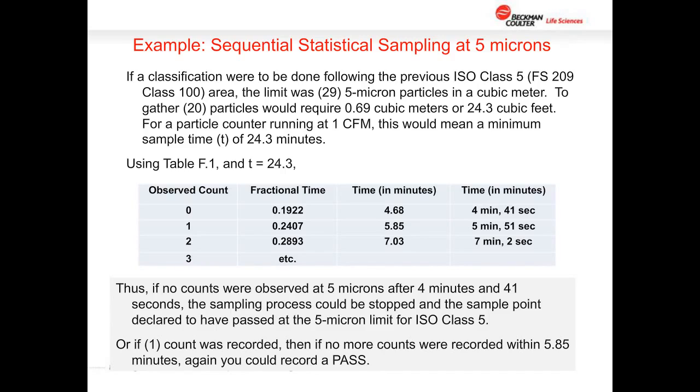Normally you'd have to run at least 24 minutes to take a full amount of air and have the statistical confidence. However, if your observed counts within the first few minutes are very low, for example, if you count only one event at 5 microns in the first roughly 6 minutes, you could stop. You can declare that it will pass based on the sequential method.